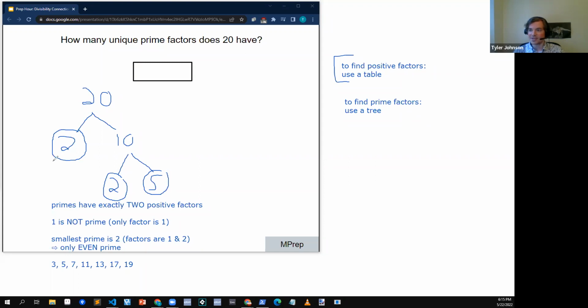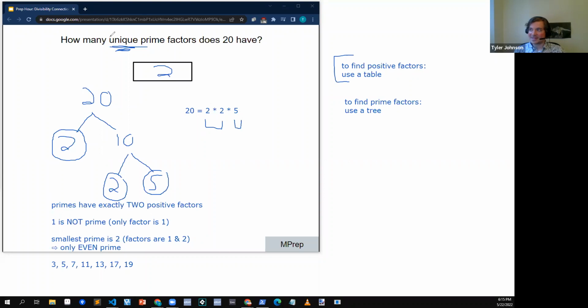So I've prime factorized it, and I can answer the question, how many unique prime factors does 20 have? So we've seen 20 is equal to 2 times 2 times 5. The answer to this problem is going to be 2, specifically because of this word unique. Whenever they ask about unique or distinct primes, you're only going to count unique instances. So I count the 2, I count the 5, that's it.